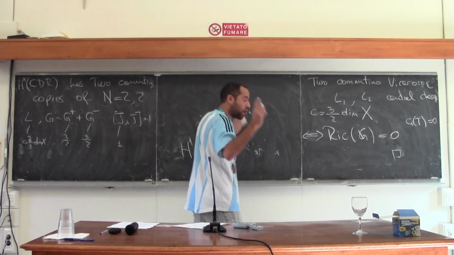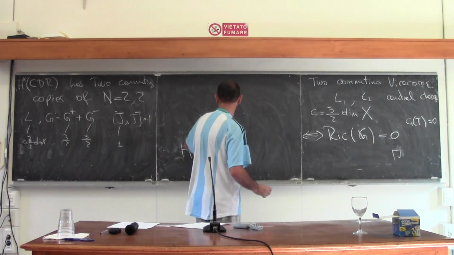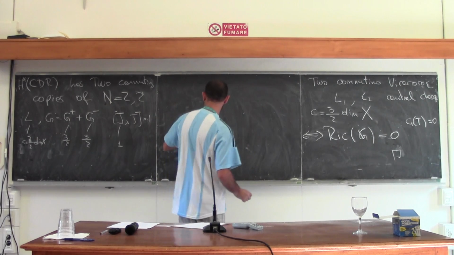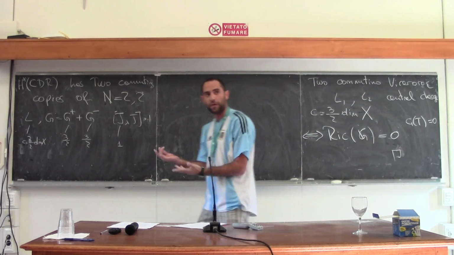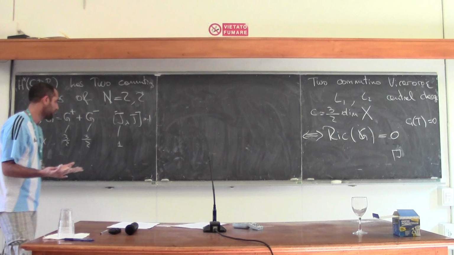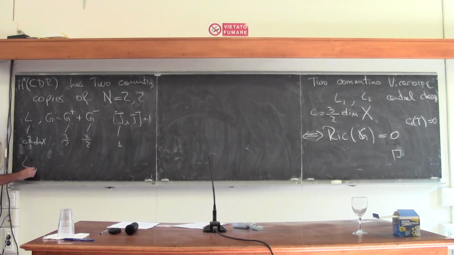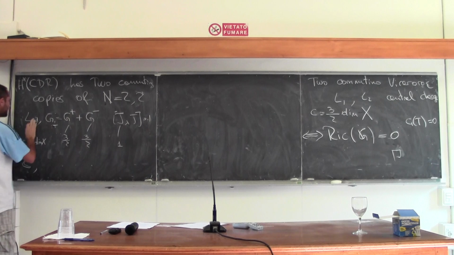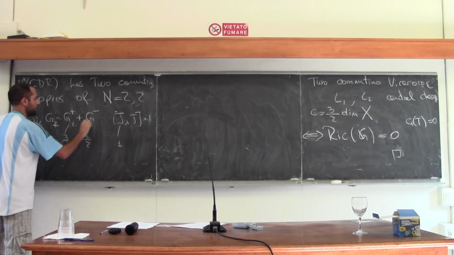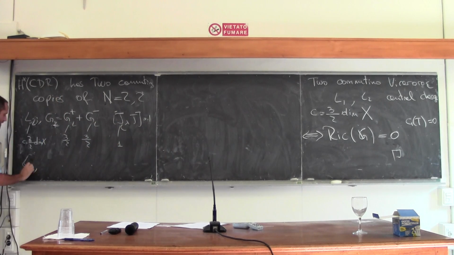So now let me tell you what the complex is. To tell you what the complex is, I'll do this in the holomorphic setting. I can do two things. What physicists do is the following: if you have two commuting copies, say an N plus and an N minus, a left moving sector and a right moving sector.